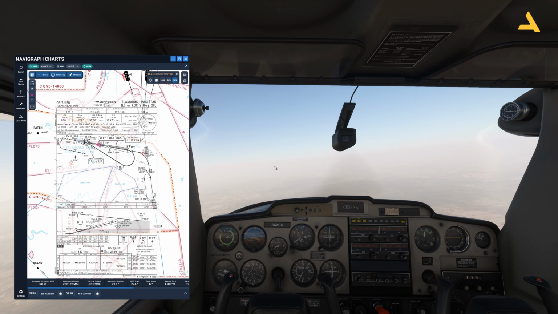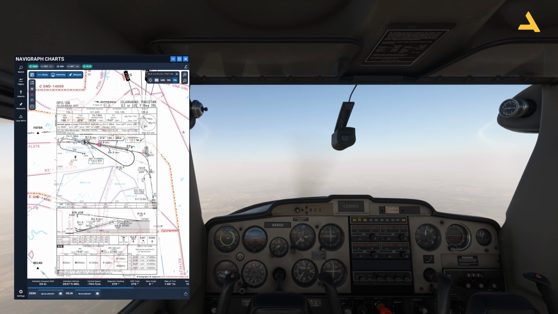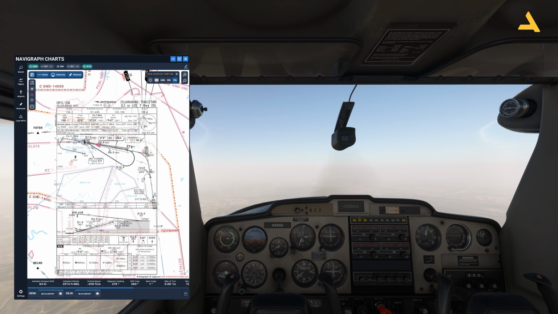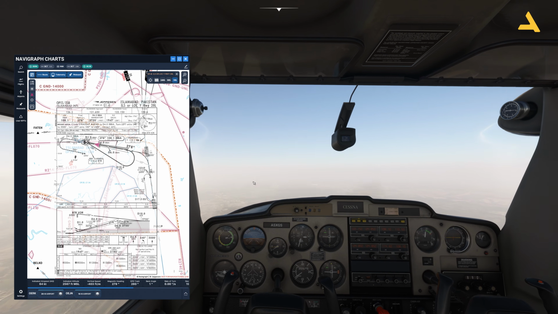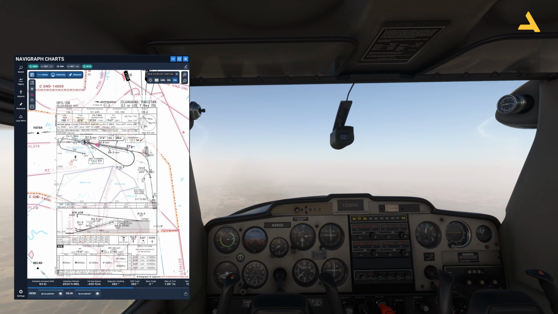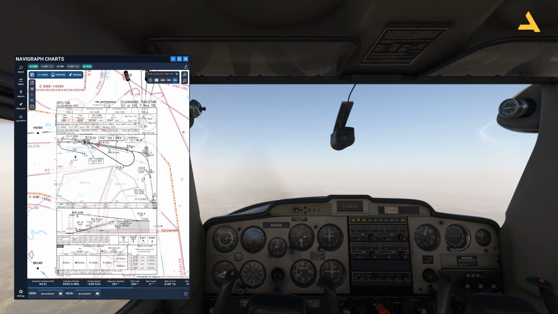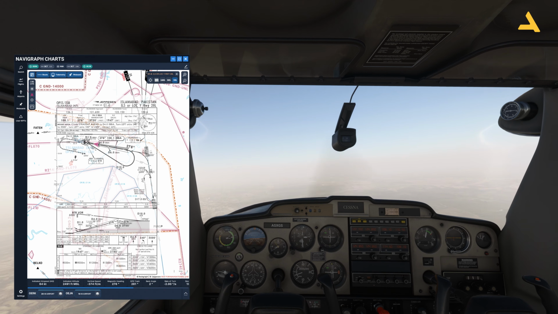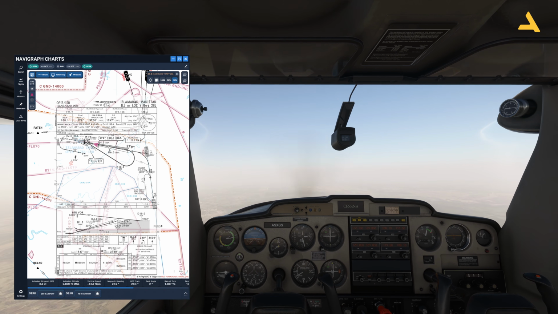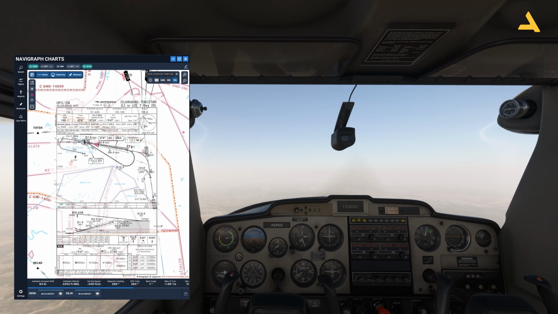Now you can see my landing speed will be not more than 60 knots. It's a bit windy.